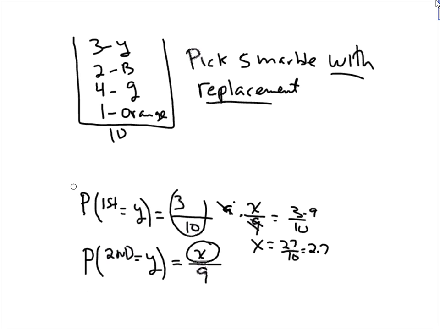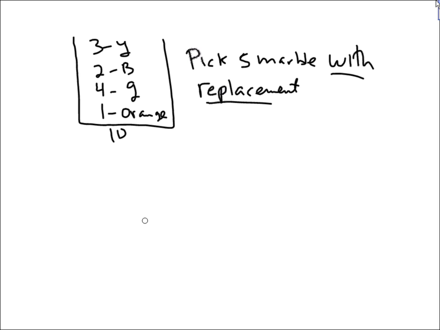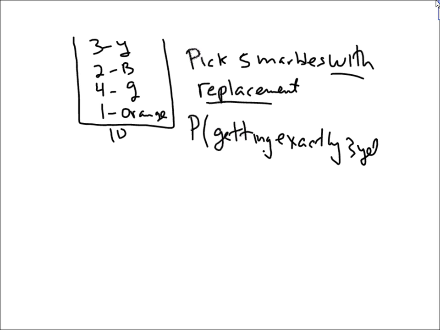Okay, so depending upon the question I ask, this might be binomial. Pick 5 marbles with replacement and calculate the probability of getting exactly 3 yellow. Well, what you have to do is understand this urn a little bit differently.